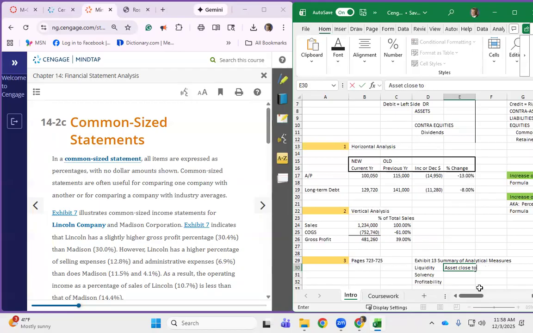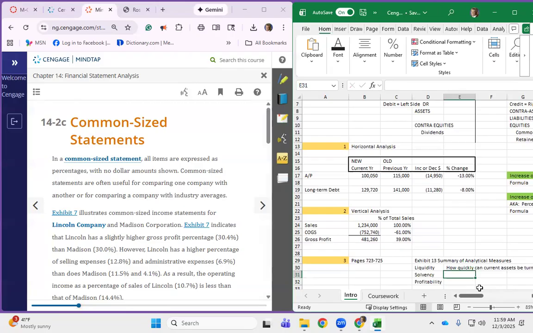How quickly can your assets be turned to cash? How quickly can current assets be turned to cash? That's what liquidity is measuring.